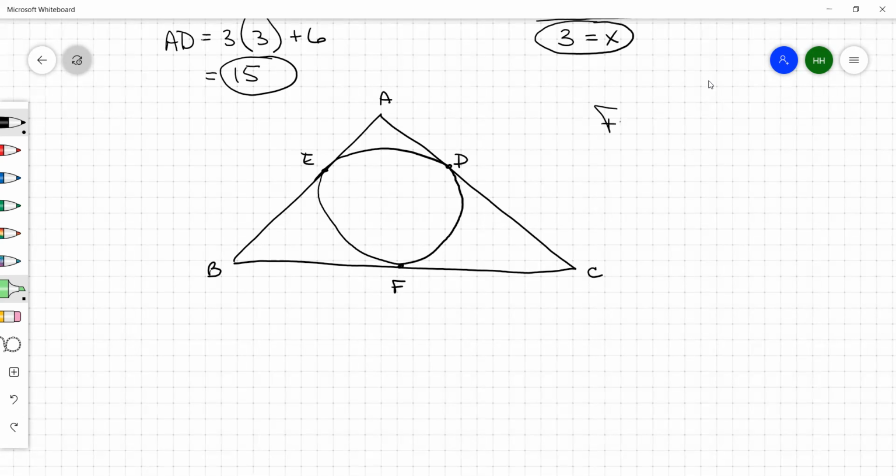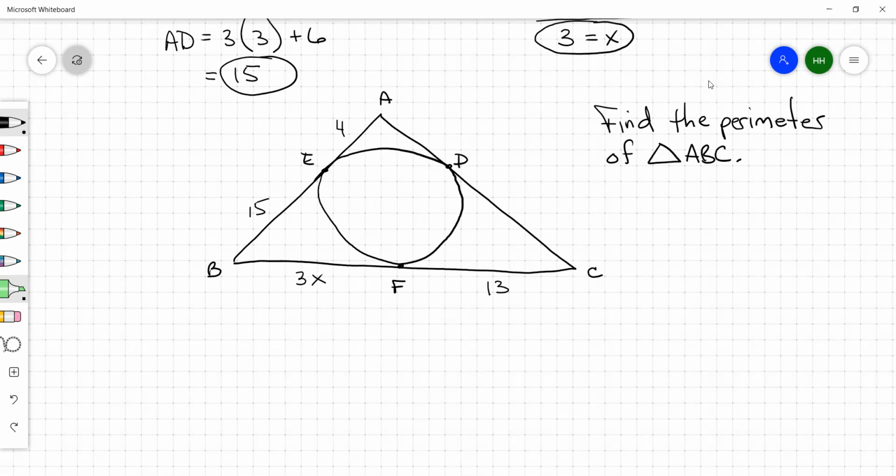And the question could be, find the perimeter of triangle ABC. Find the perimeter of ABC. And maybe this is a 4 and a 4, and then this is a 13, and this is a 15, and this is a 3x. Okay? That's what we got for information.